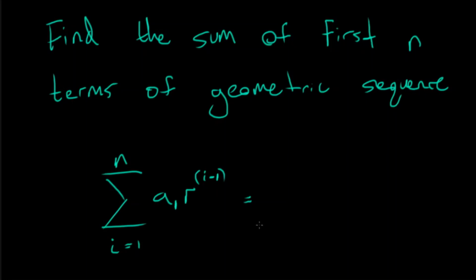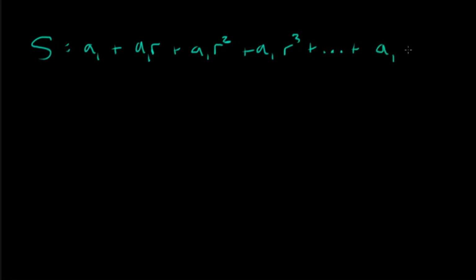of terms in the sequence. Let's write this thing out term by term. So we want to find the sum of a1 plus a1 times r plus a1 times r squared plus a1 times r cubed all the way up to a1 times r to the n minus 1.